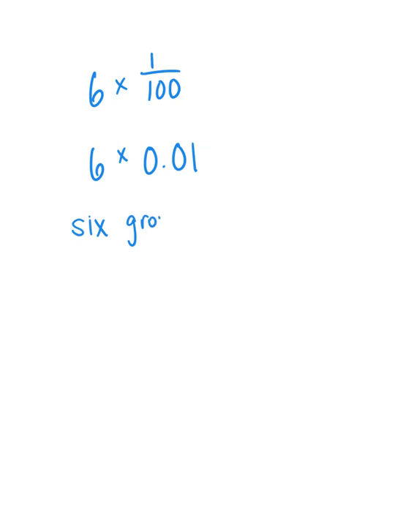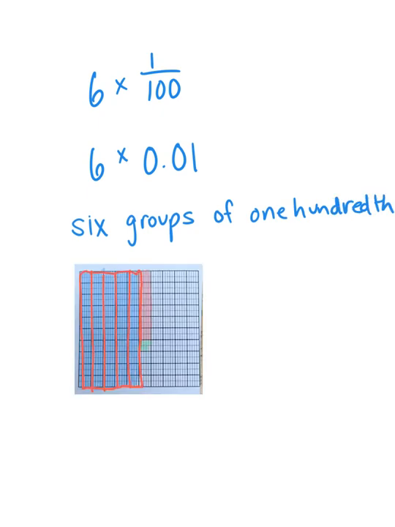6 times 1/100th. You could also write it like this. So you can read that 6 groups of 1/100th. And when we look at our visual model, can you in fact see 6 groups of 1/100th?